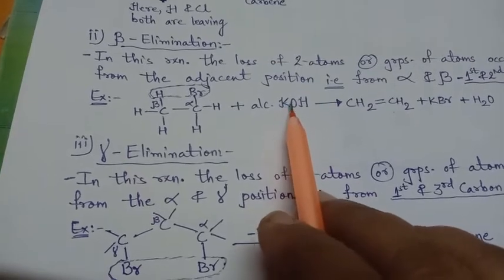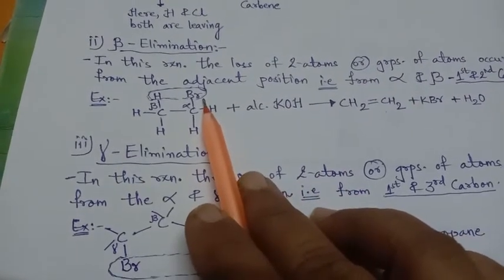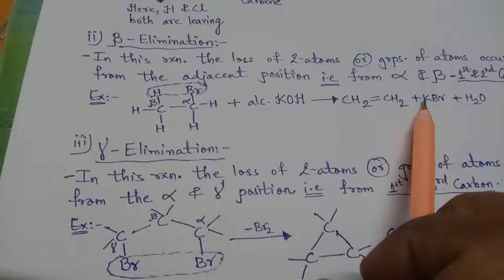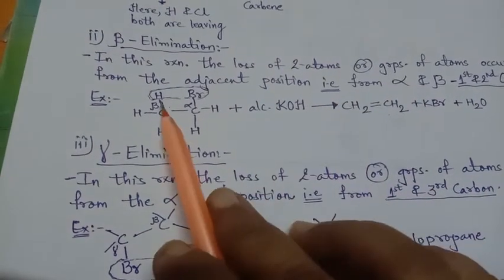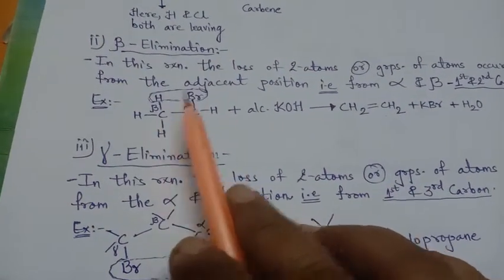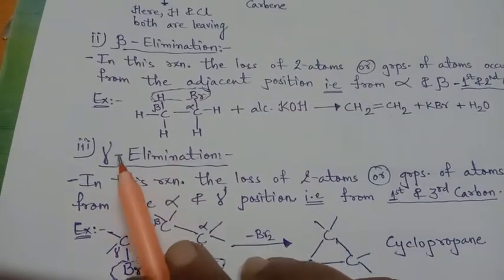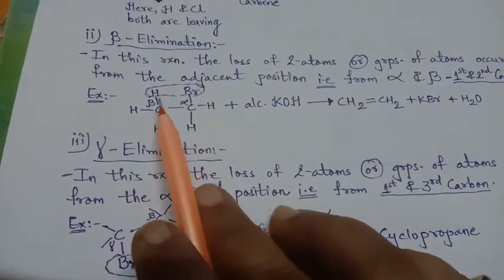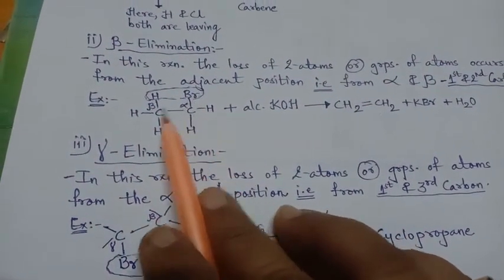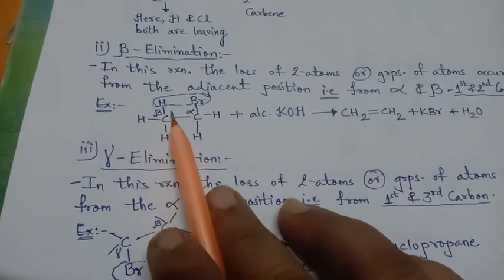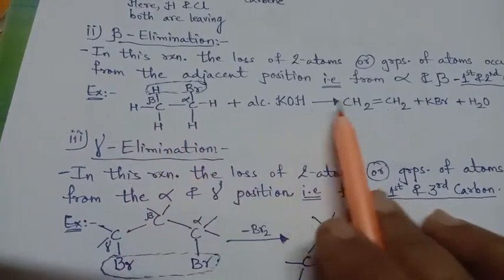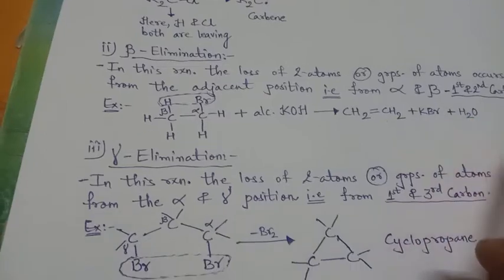K plus will attack the Br minus and a byproduct will form, and OH minus will attack H and H2O will be separated. Then this double removal is from alpha and beta. That means here beta elimination takes place. This is called beta elimination.